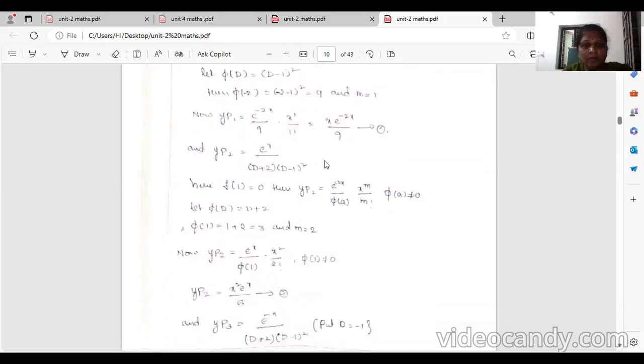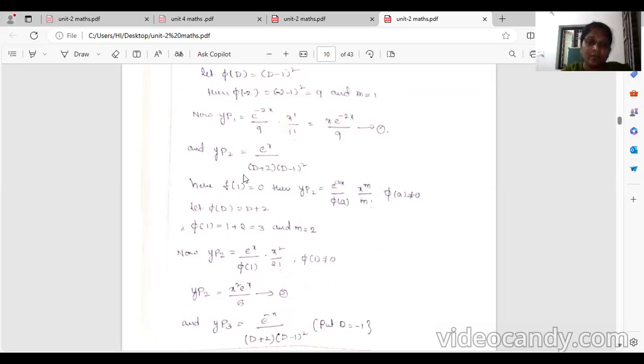Then yp2 is e^x/((D+2)(D-1)²). Here, which is of the form 1/f(D) e^(ax), put D = a = 1. Then the factor of the denominator is 0, f(D) is 0. The particular integral case is failure.